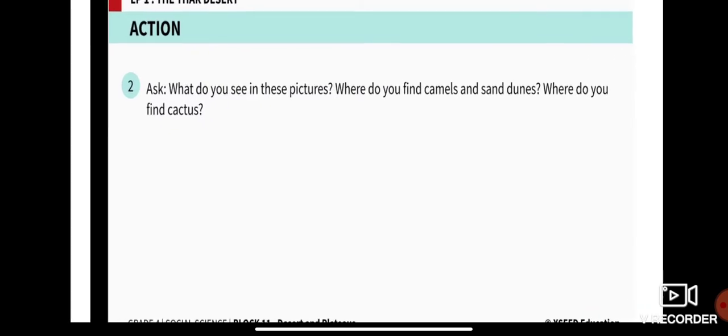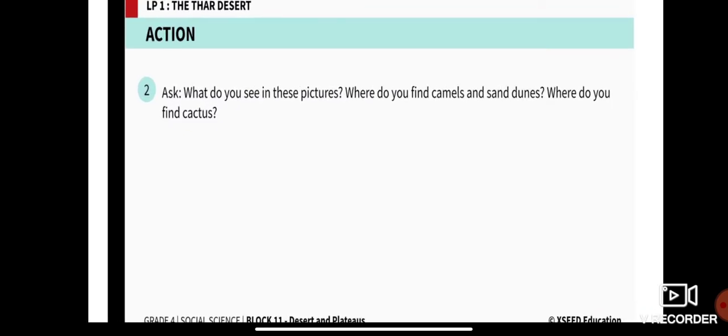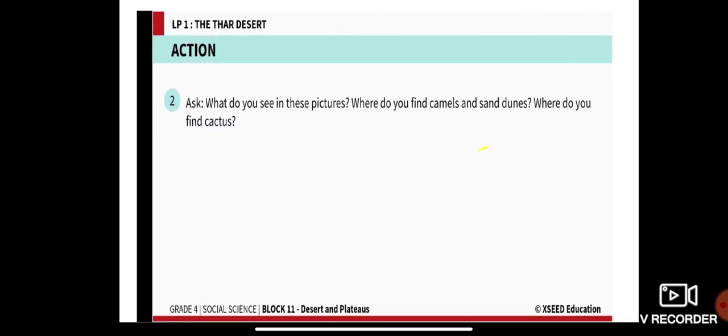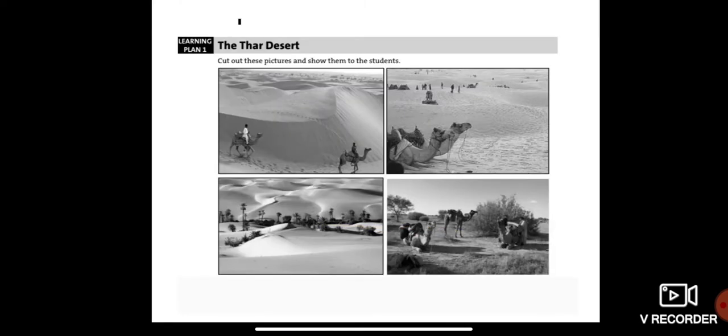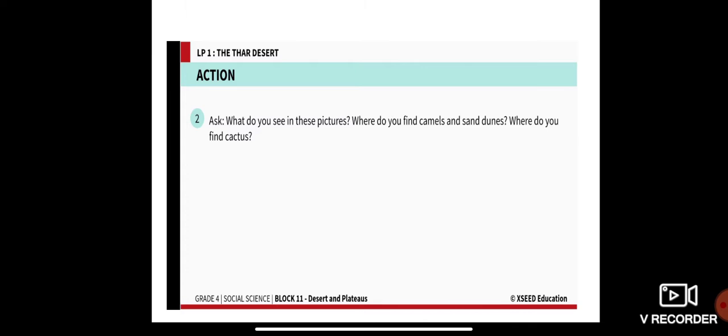What do you see in the given pictures? Where do you find camels and sand dunes? Where do you find cactus?